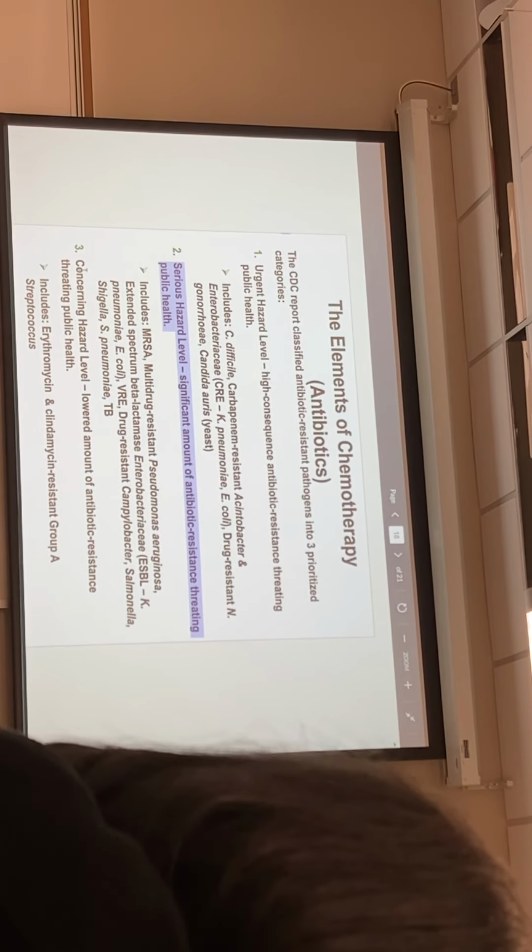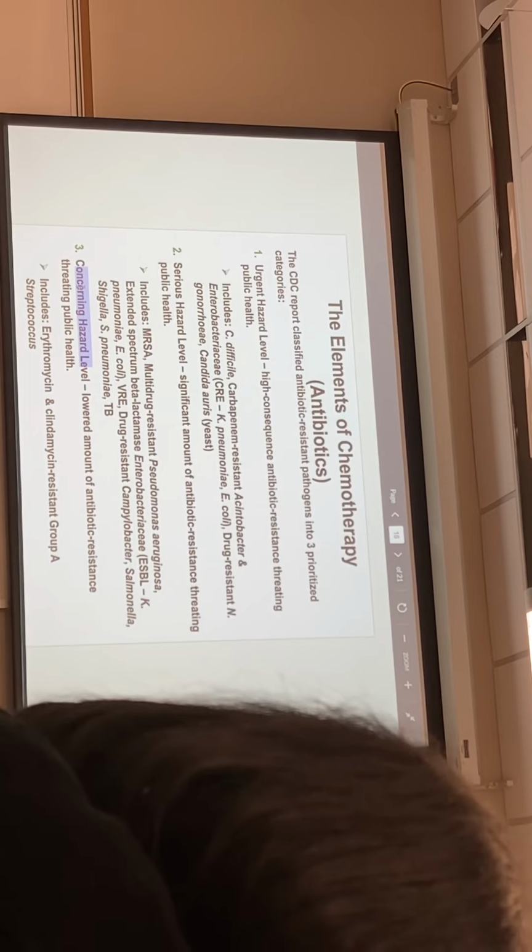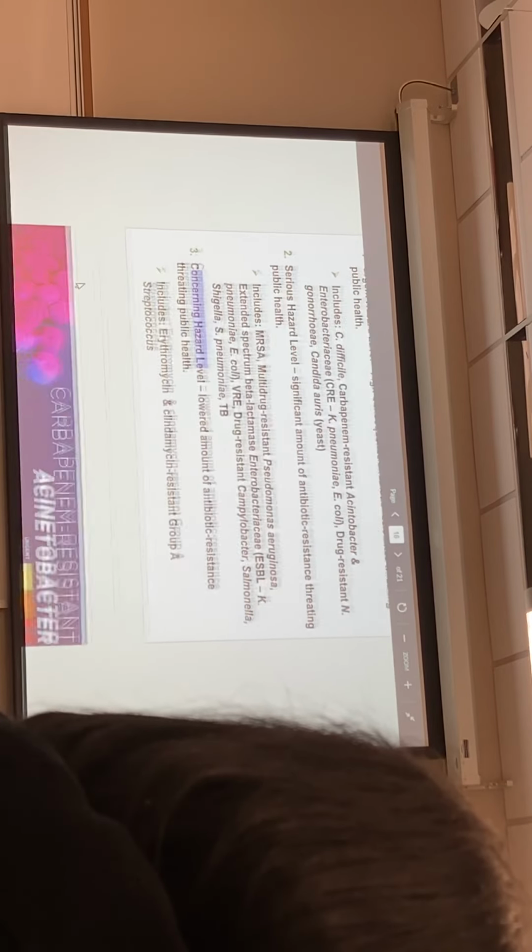And the last one is concerning hazard level, which is associated again with a lowered amount of drug resistance affecting public health. And I think that's it on this one.